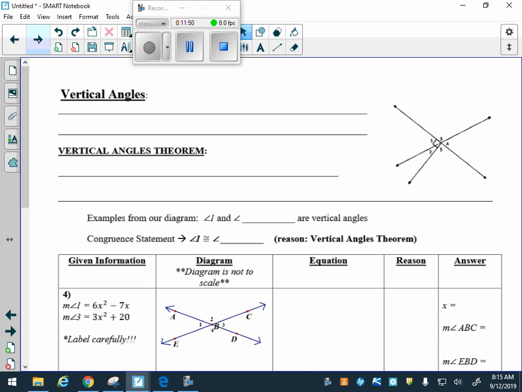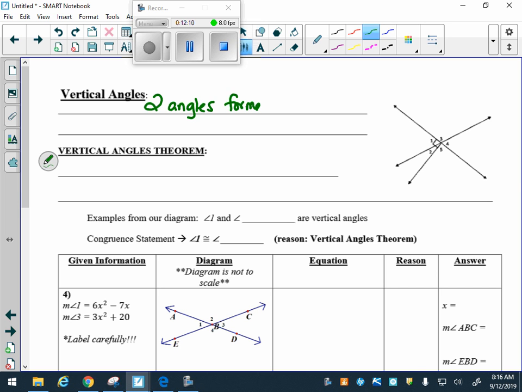The next special pair of angles are called vertical angles. Have you heard of vertical angles before? Okay, so vertical angles are going to be two angles formed by two intersecting lines that are not adjacent.